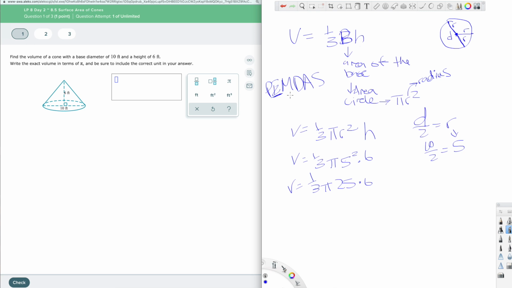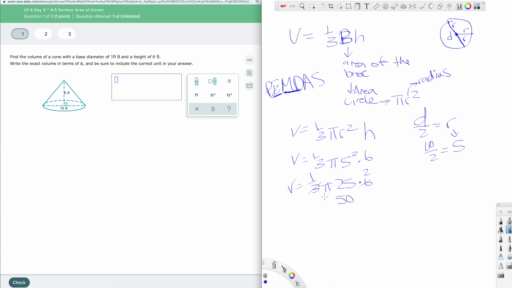So now I can do multiplication or division from left to right. I'm going to look at this first and say, you can actually reduce first. So 1/3 means I'm dividing by 3. So I can take 6 and divide it by 3, and that's 2. 6 divided by 3 is 2. And now I can do 25 times 2, which is 50.